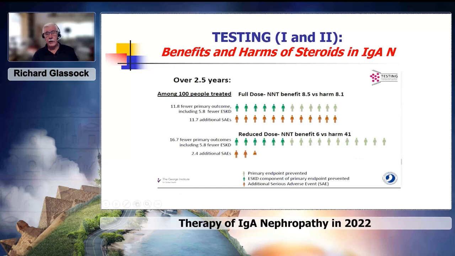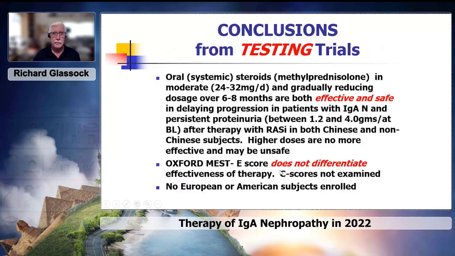And in fact, when you examine the benefits and harms of steroids in these 2 pivotal trials, high-dose steroid benefit is offset by harm in about equivalent degrees. But with the reduced dose, the benefit greatly overrides the additional adverse events. So it is not only beneficial, but not harmful.